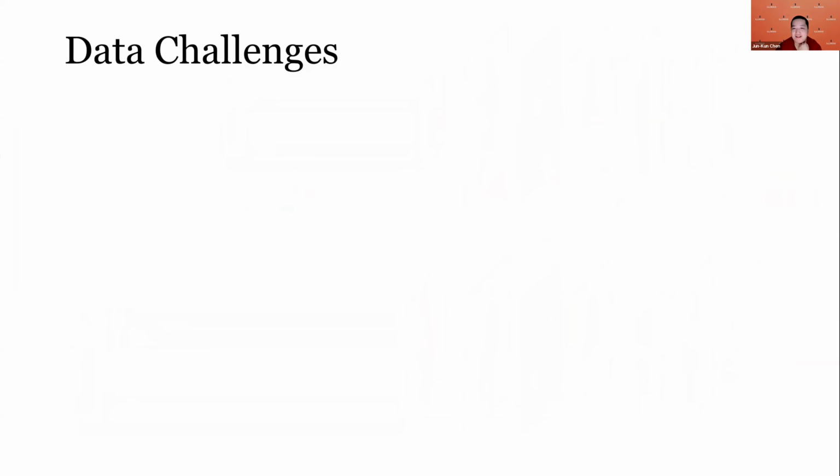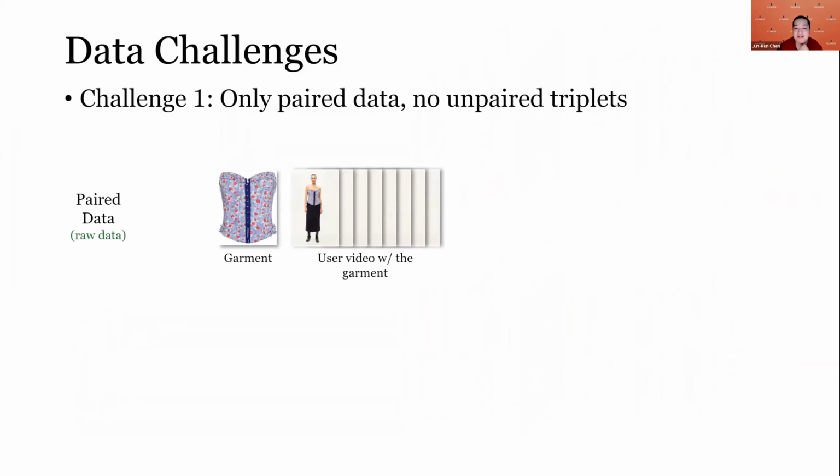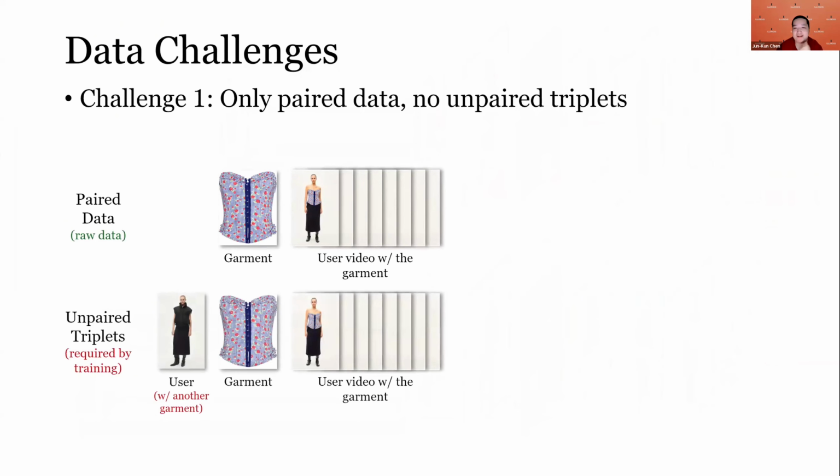Training data for this try-on task presents two major challenges. First, most internet-available data is paired, containing a garment image and the video of the user wearing it. However, for training, we actually require unpaired triplets, including an extra image of the same person in different outfits.